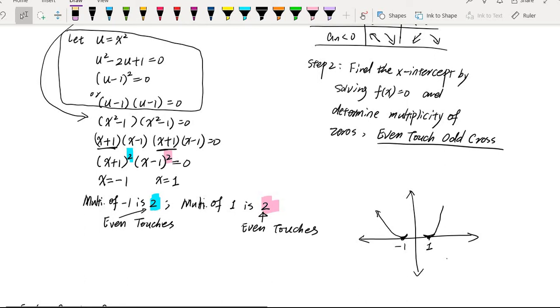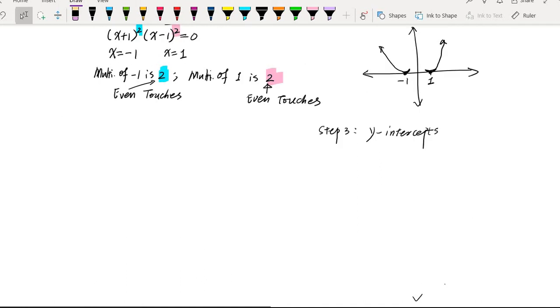We don't know what's happening in the middle, by the way. If it's even touches, then it's going to turn. This is not going to cross. Both sides are going to be turning, and then the end behavior gives us both sides rise. Please make sure you understand that you have to show work for your tests and quizzes.